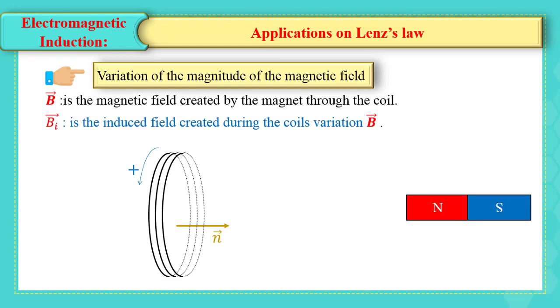So, according to Lenz's law, the induced current produced in the coil creates an induced magnetic field BI, which opposes the variation of the magnitude of the inducing magnetic field B.